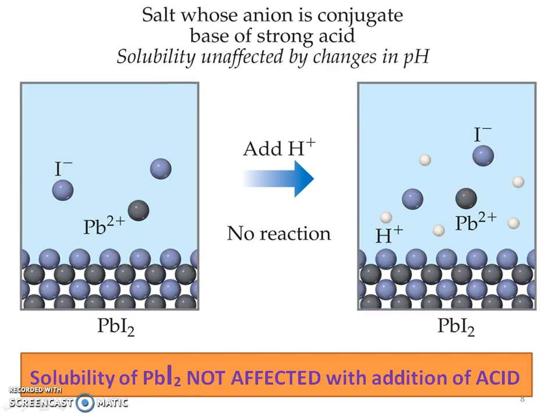If we look at it the other way, something like PbI2, or lead II iodide, when we add H plus to the solution, nothing's going to happen. Remember, the HI that it would potentially make would actually be a strong acid, and therefore there's not going to be a reaction.